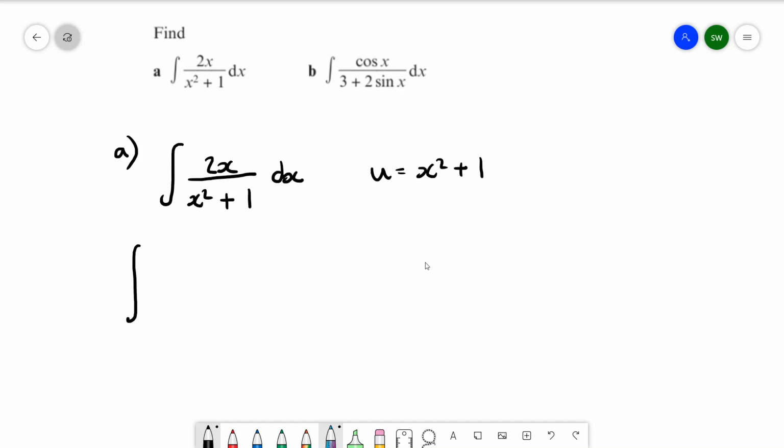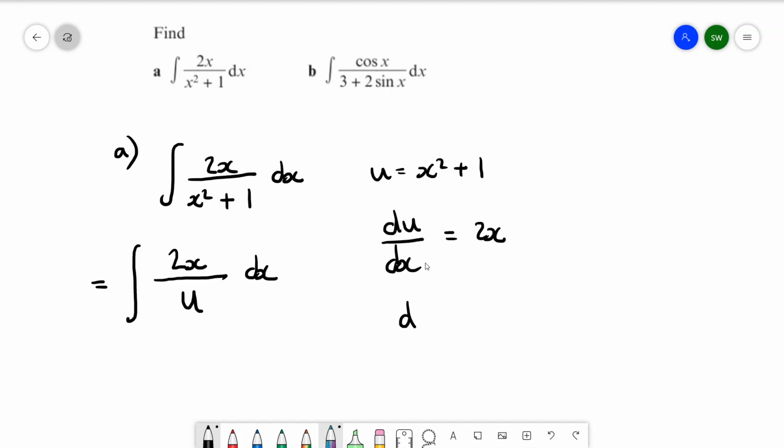So if I use u equals x squared plus 1, the denominator of this fraction is going to be equal to u. Now I'm going to leave 2x as it is, and you'll see why in a second. So remember, with the method of substitution, we need to replace dx with du. So we're going to work out du by dx, which is 2x.